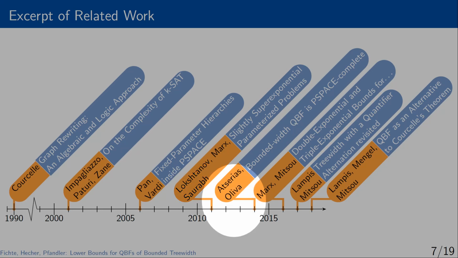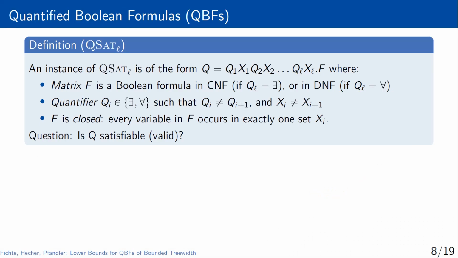Around 2015, Andreas and Oliver established that Treewidth alone is not sufficient for fixed parameter tractability of QSAT. In the following years, double and triple exponential lower bounds, as well as the double exponential lower bound for QZ2 were shown. This is then followed by the recent work on suggesting QBF or QSAT as an alternative to Cosell's theorem.